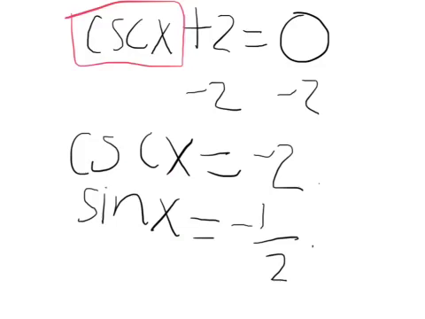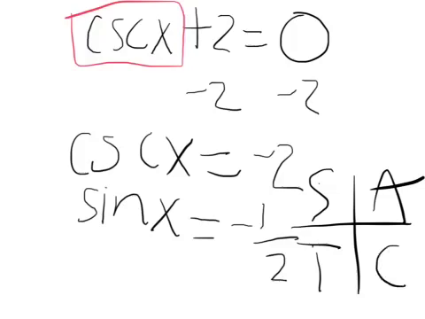Okay, so you know the angles that have -1/2 as a sine. So you can do the trick: All Students Take Classes. All the functions are positive in the first quadrant, sine is positive in the second, tangent in the third, cosine in the fourth.